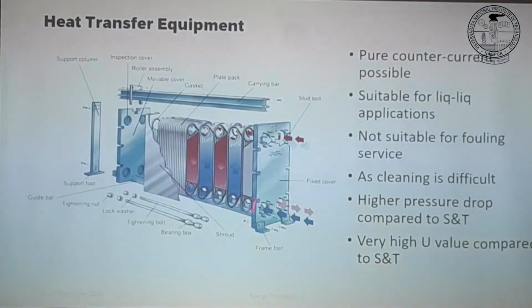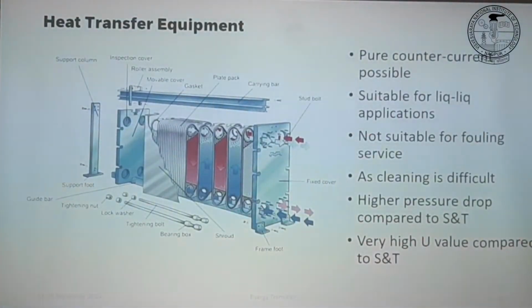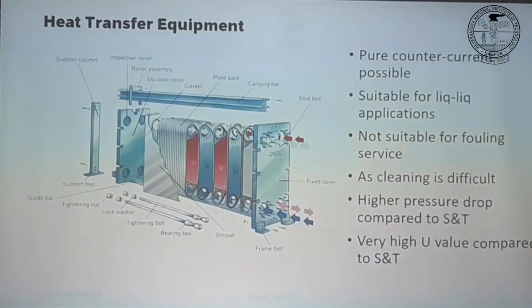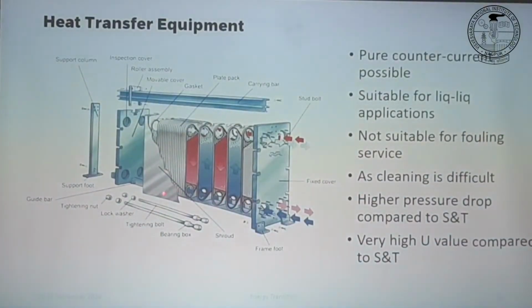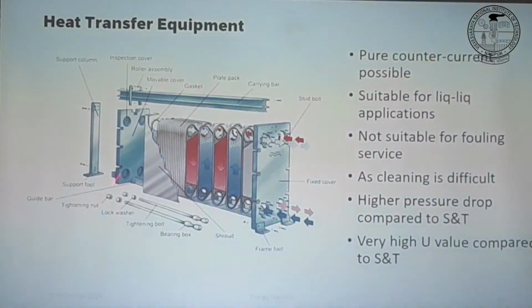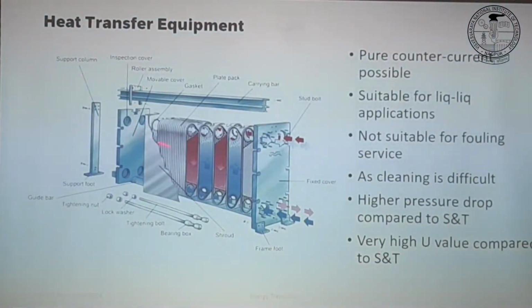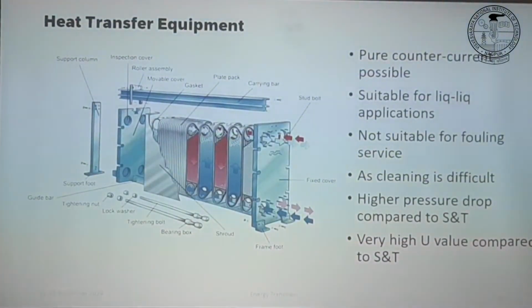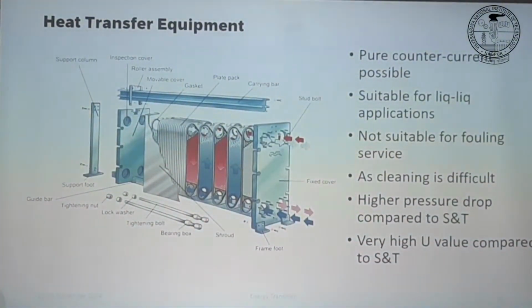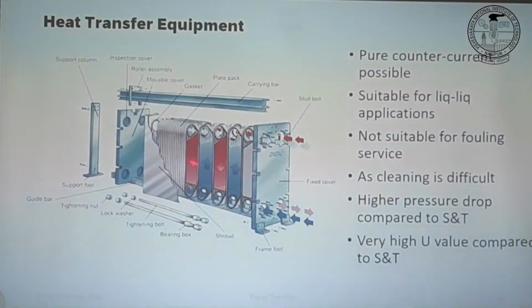I was mentioning that with some special design, you can go even as low as 3 degrees centigrade LMTD or temperature difference. And a typical example is the plate and frame heat exchanger. You have several plates stuck together, or just screwed together, and hot and cold fluids flow in the alternate spaces between these plates.